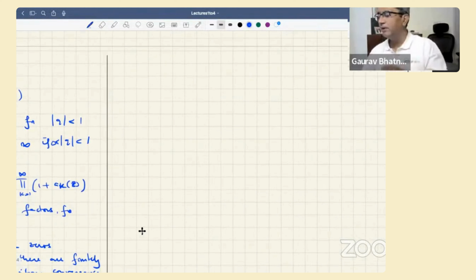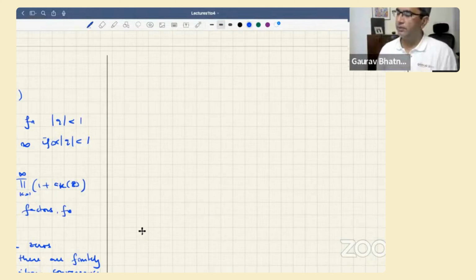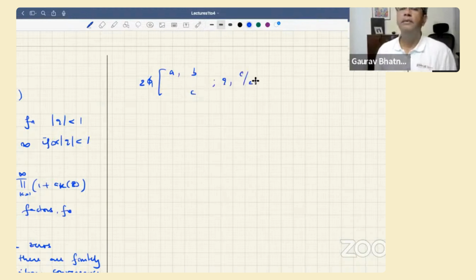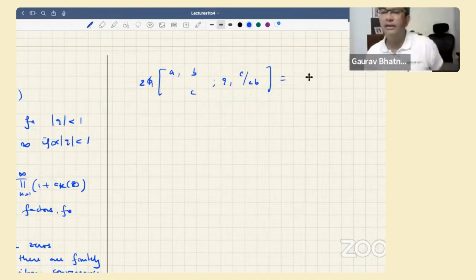But I want to indicate some applications immediately, at least formally. Let me show how you can apply these limits and get one result. This was a result due to Ramanujan. I forget which entry, but it is the q-analog of the Gauss theorem.